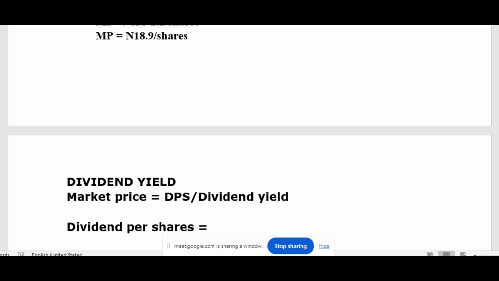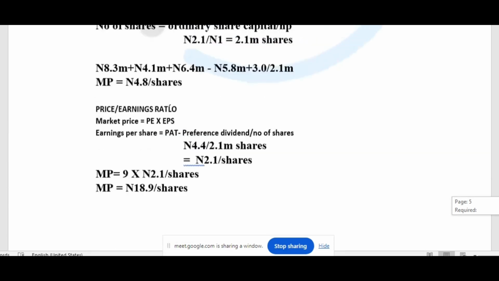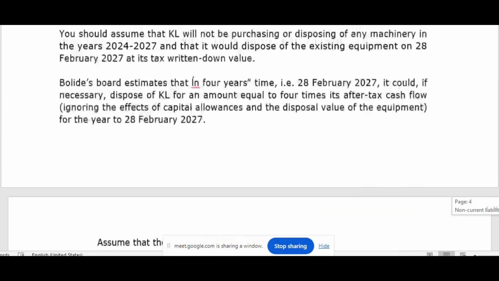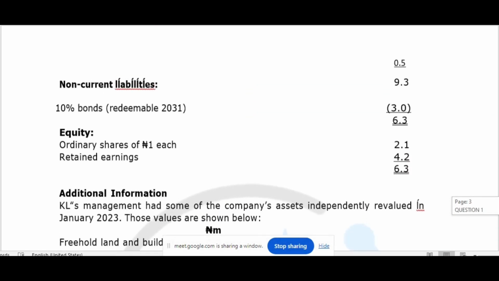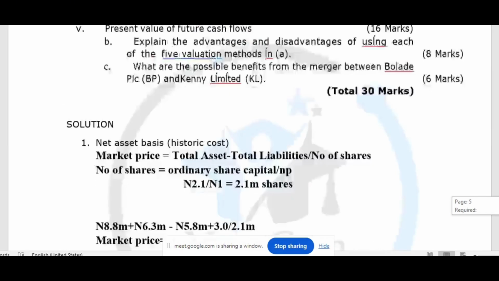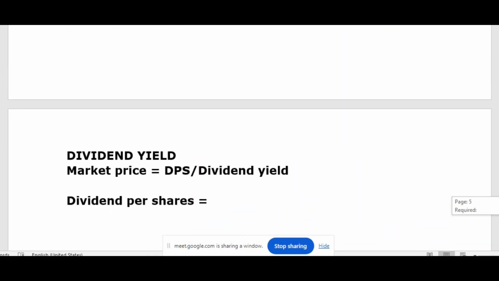Now, dividend per share is not given in this question. So what will you use to determine it? You look for the dividend and divide it by the number of shares.